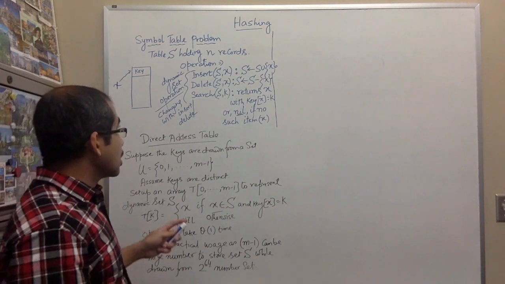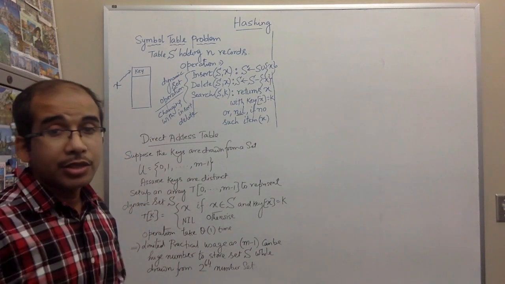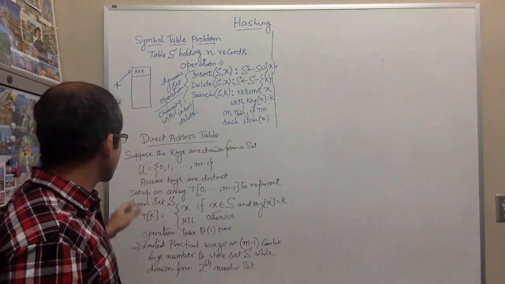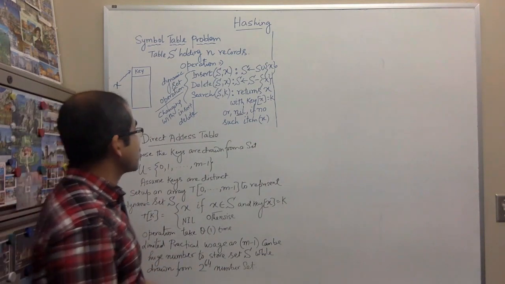Now, the symbol table is used heavily in compilers, and there is a concept called a direct address table. A direct address table is very much like an array.